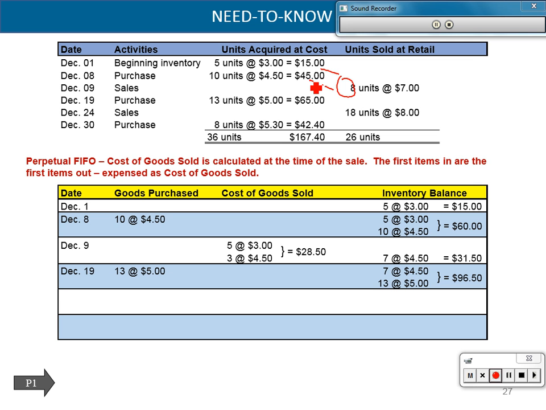Okay. So why do those total units not add up in terms of what you sold? It says units at $7. At $7 each? Is that what it's saying? Is that some kind of average? Why are you concerned with the $7? Well, it's initially saying the cost of the units, where it says 5 units at $3, right? And then you got 10 units at $4.50. So the $4.50 would pay for the total 10 units, is that correct?